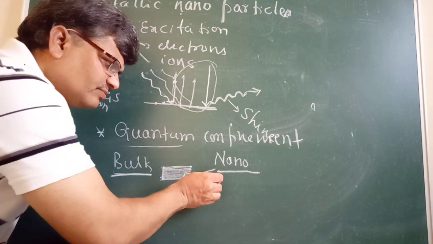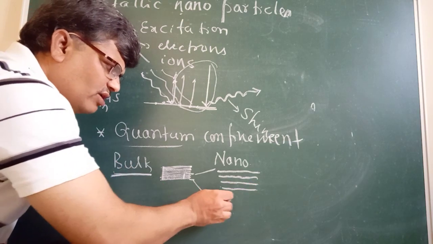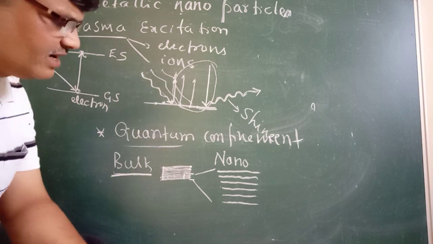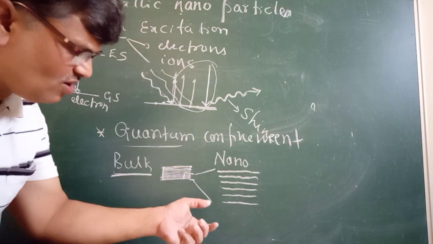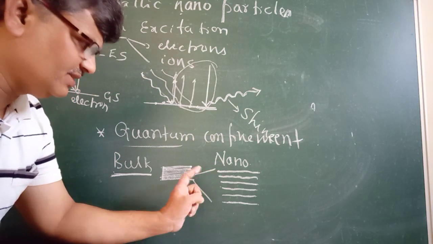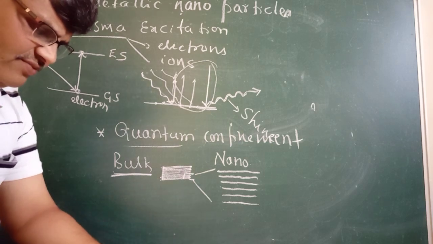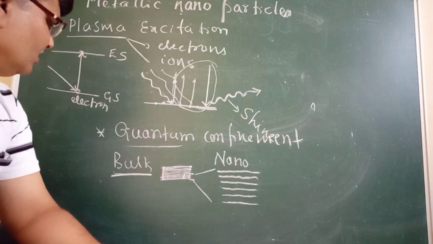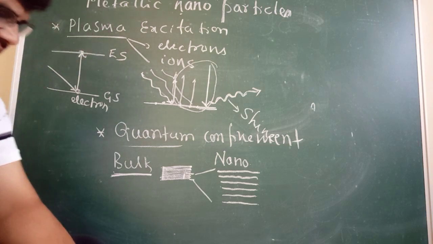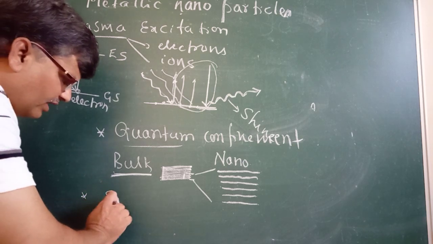Due to the confinement, when the material gets confined into a small size, discreteness of energy levels takes place. That is called quantization of energy levels. That is also a property of metallic nanoparticles.